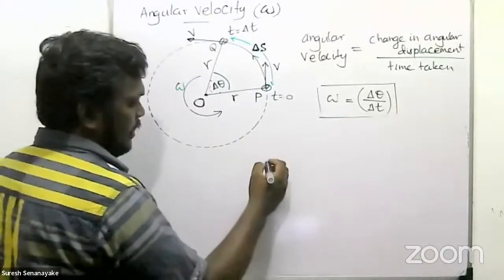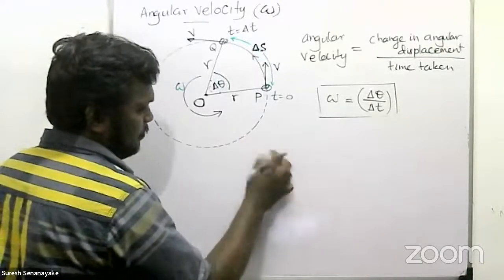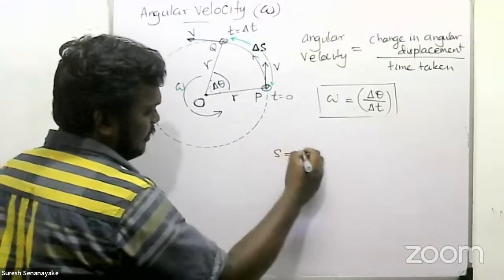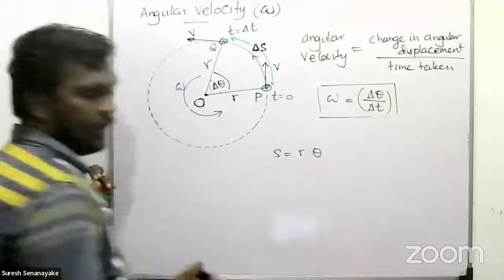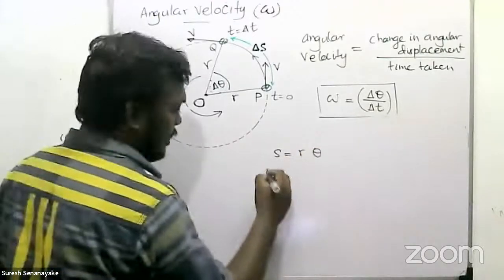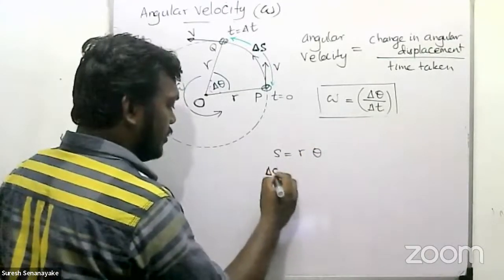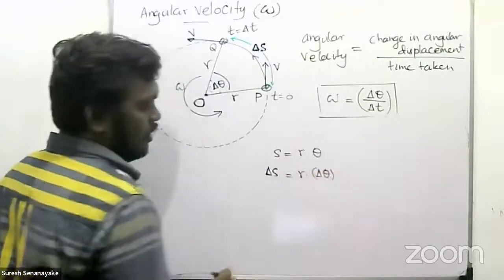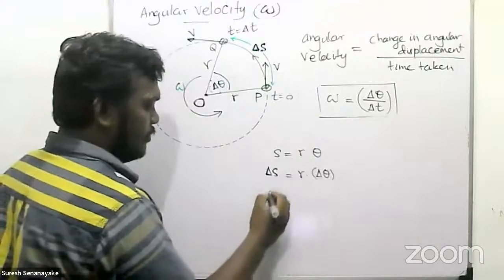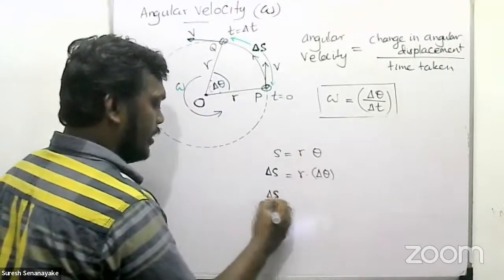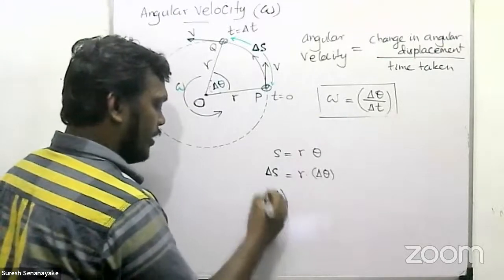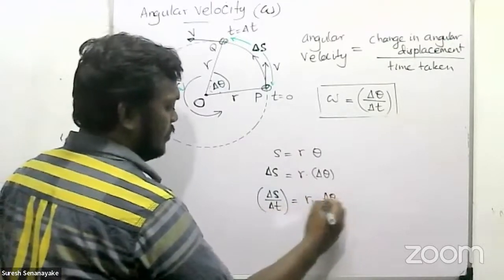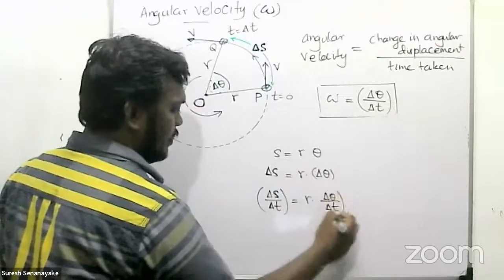Let's say this omega. We know that S equals R theta. So delta S, the change in displacement, equals R, which is a constant, times the change in angular displacement. Divided by time, the rate of change of the distance equals the rate of change of the angular displacement.